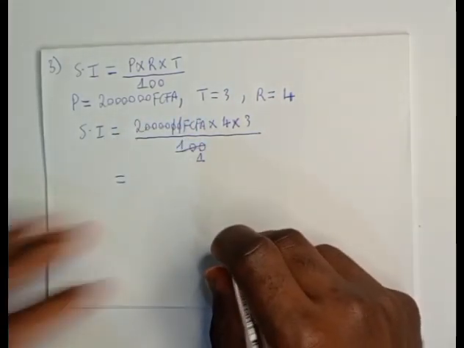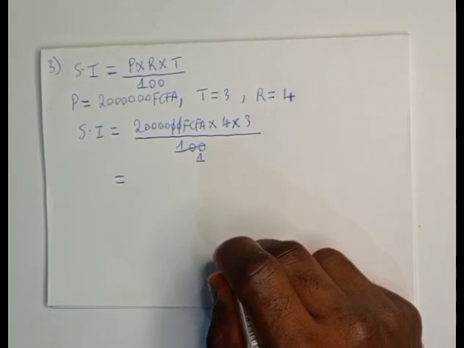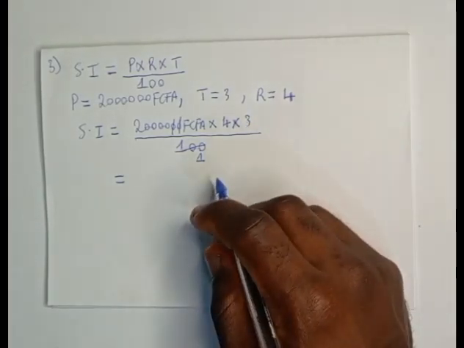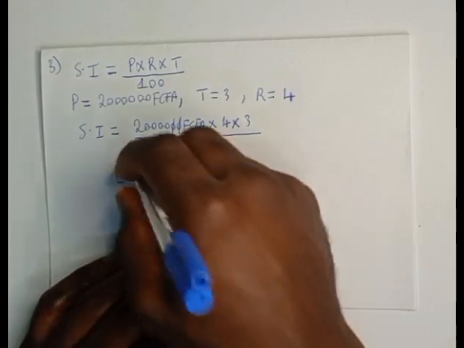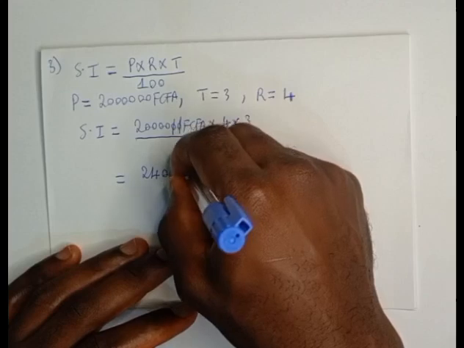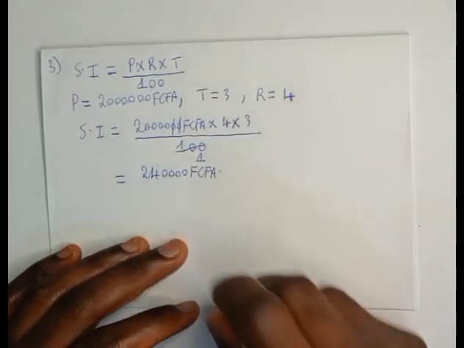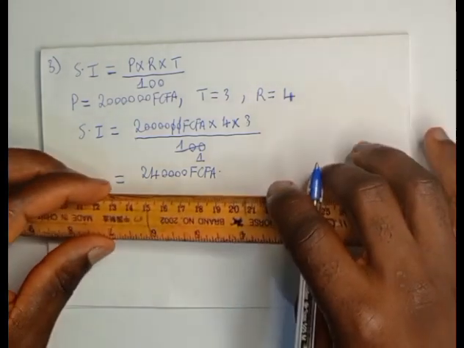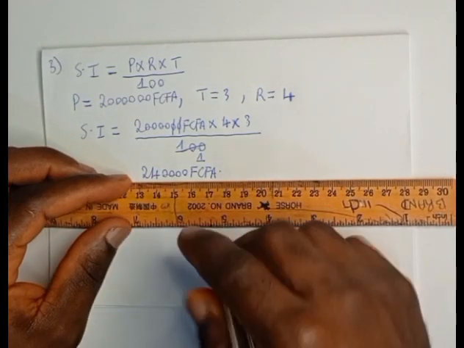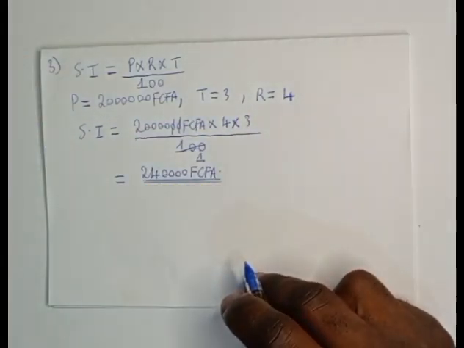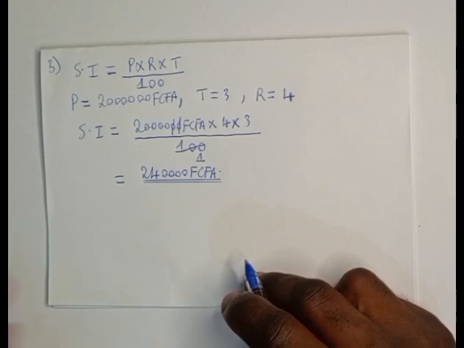This will simply be equal to 20,000 francs CFA times 4 times 3 is equal to 12. 20,000 francs CFA times 12, which is equal to 240,000 francs CFA. So this is the simple interest that a principal of 2 million francs CFA will generate after 3 years at a rate of 4% per annum.